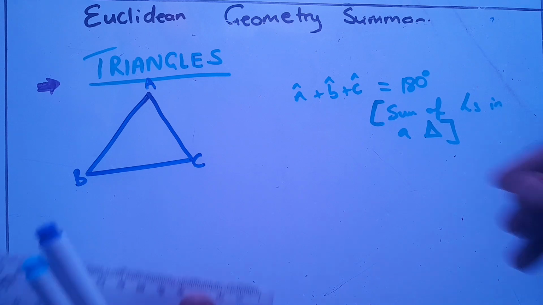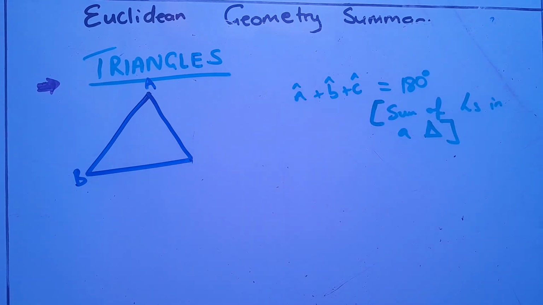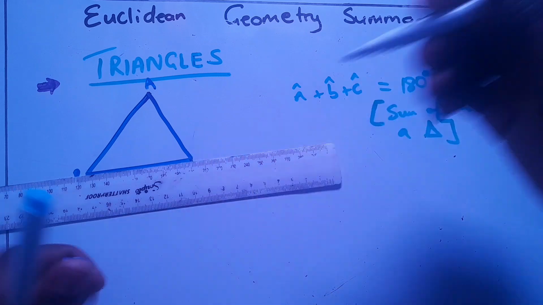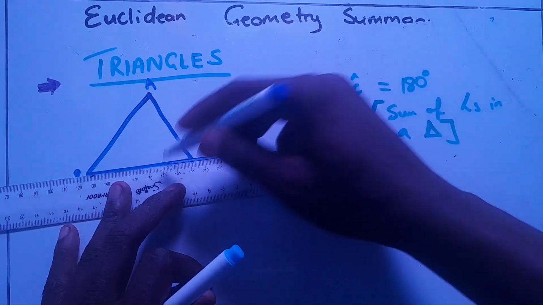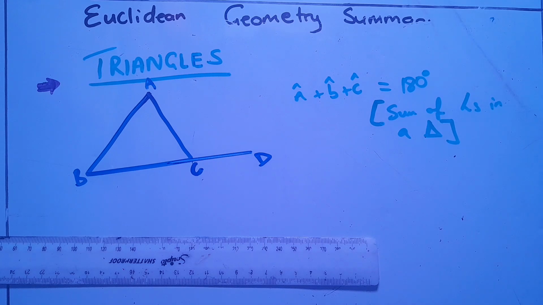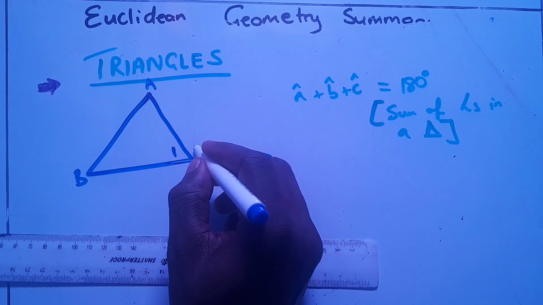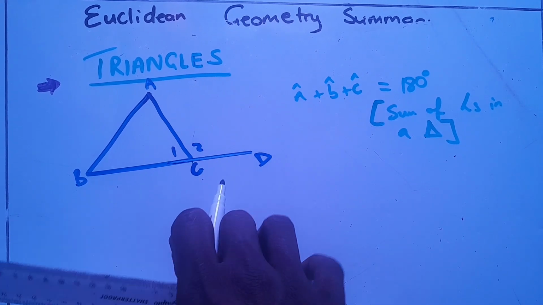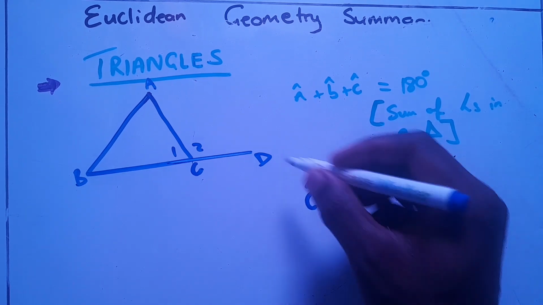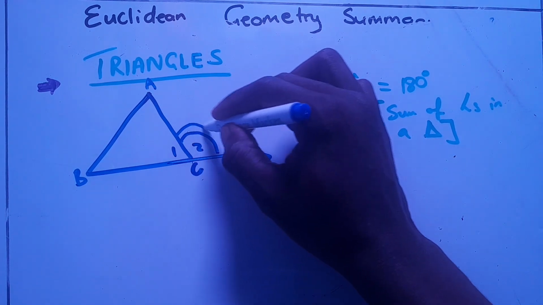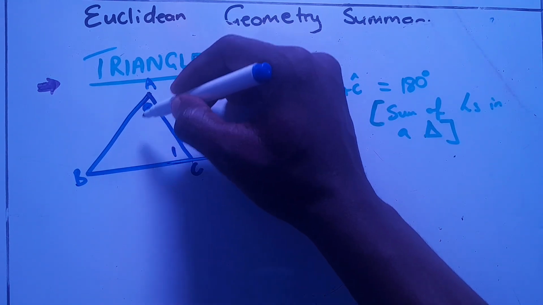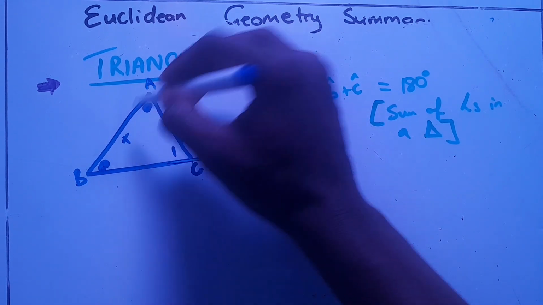And if I extend this line here up to here, we still have our C and our D, and maybe we can have C1 and C2. So now we know that this angle C2 here, that is an exterior angle on the extended line, is the same as this angle plus this angle.